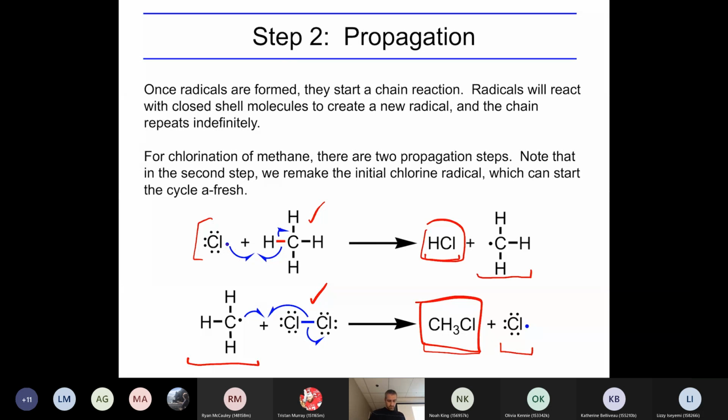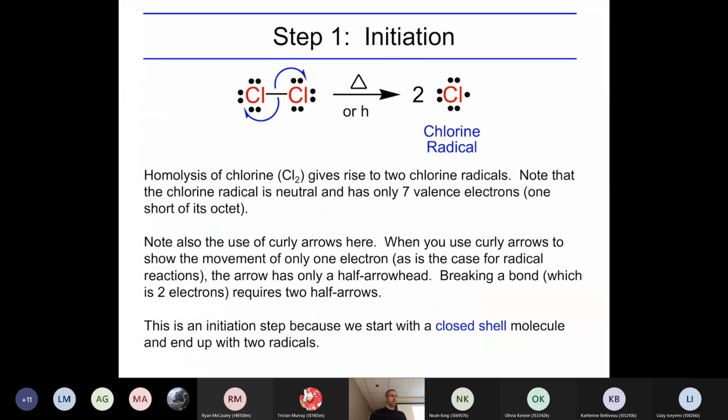So kind of the idea is if you start with a mix of Cl2 and methane and you take a camera with a flash, you put light in there, that is absorbed by the chlorine, it makes chlorine radicals, that initiates the reaction.